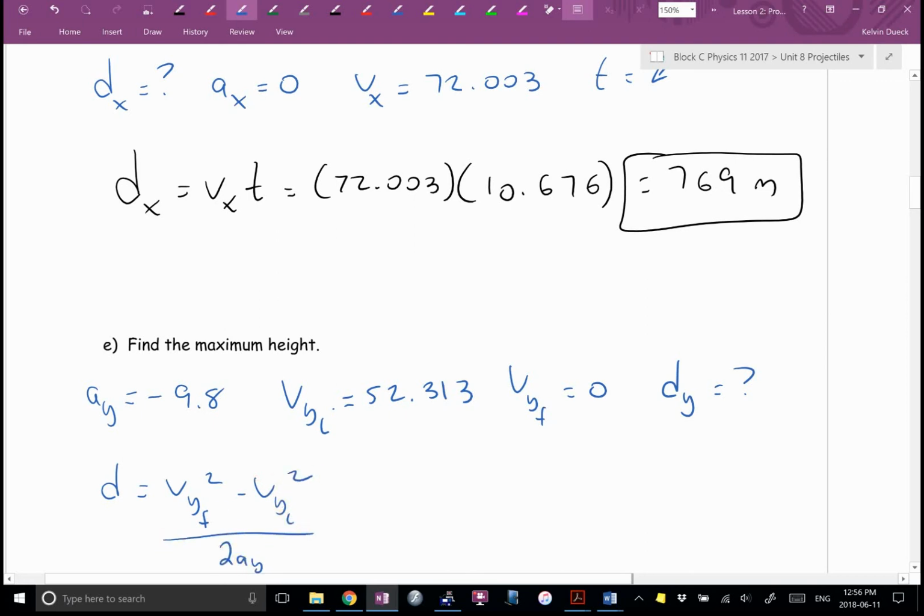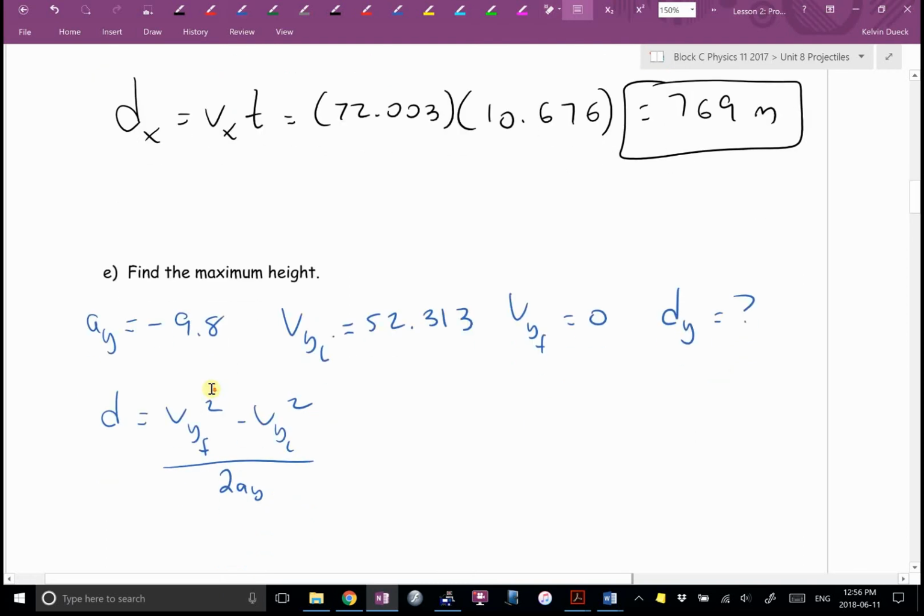And again, I won't be fussy if you don't put the y's in. I just do because I think it's wise. It's easy to put the horizontal into a vertical, and that's what I'm paranoid about. So it's going to be 0 squared, I can probably do that in my head, minus 52.313 squared all over 2 times negative 9.8.